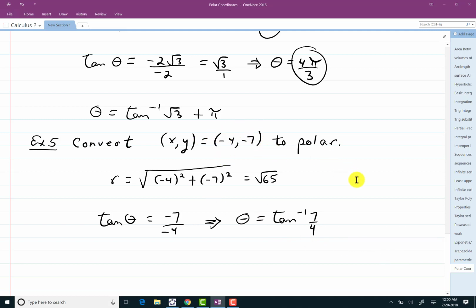This here is in quadrant 3. So the answer here is, this is a quadrant 1 angle, so you have to add pi. But I don't know arctangent of 7/4.